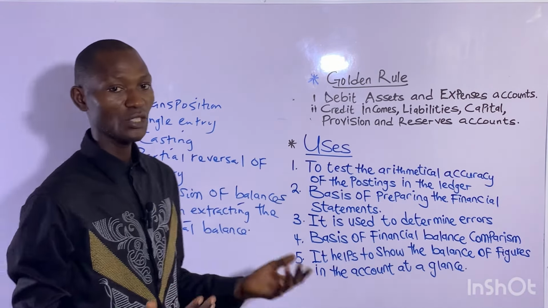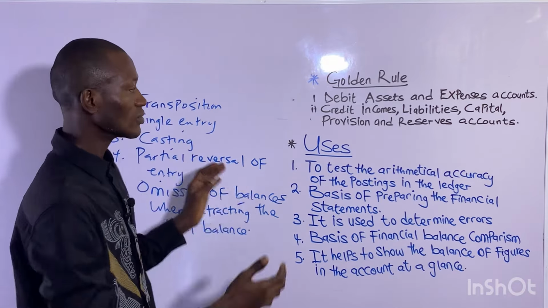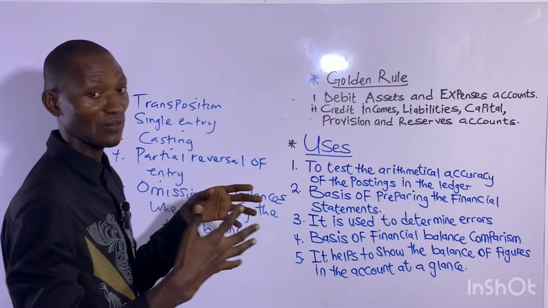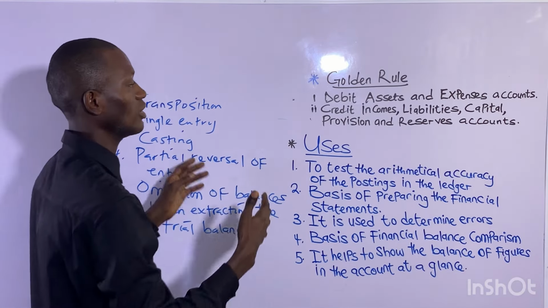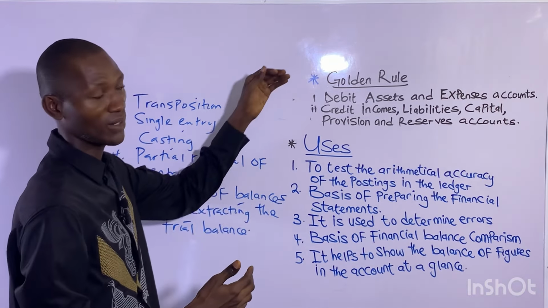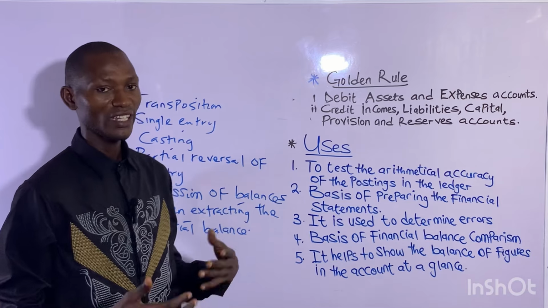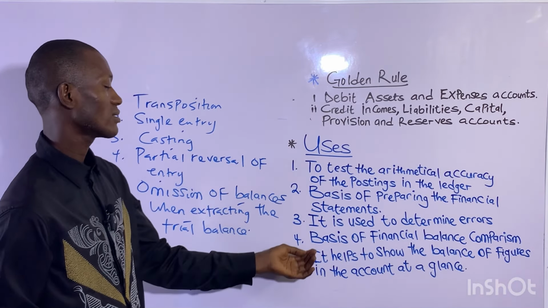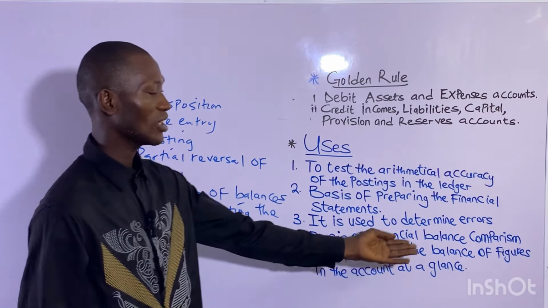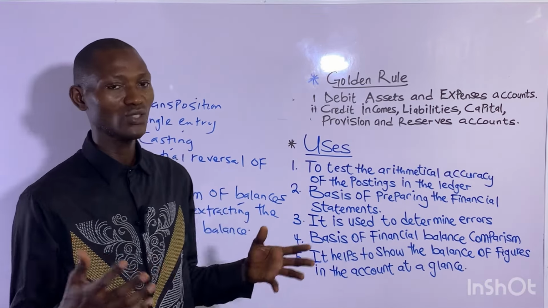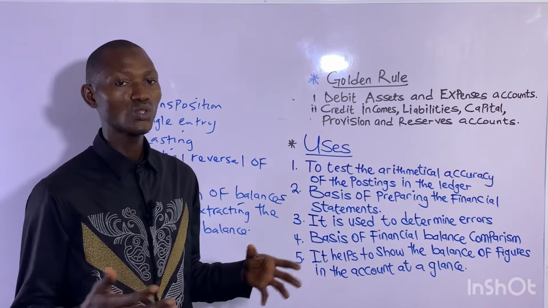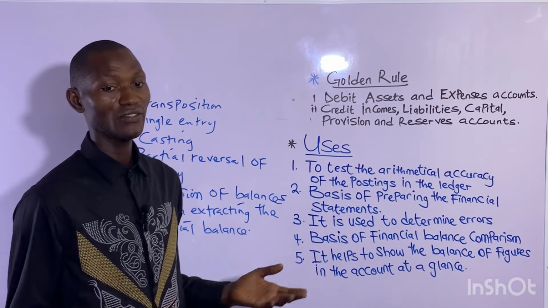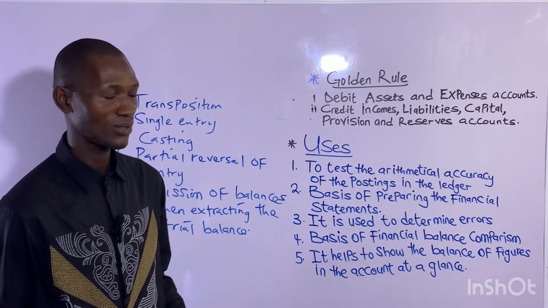Or let's say the sales revenue for 2021 and 2022. You can compare the sales revenue for the same business organization, whether there has been an increase or a decrease. So trial balance serves as the basis of financial balance comparison. You can use trial balance to compare two, three or four balances for different accounting periods.